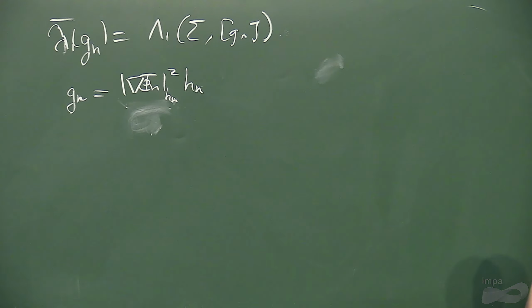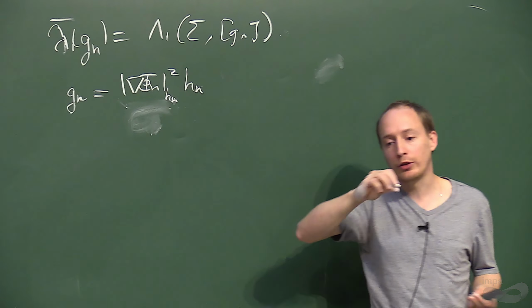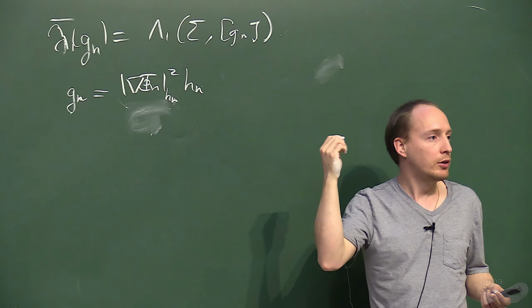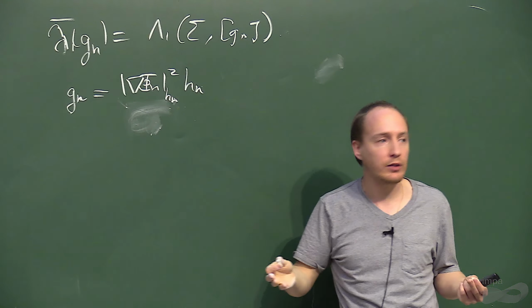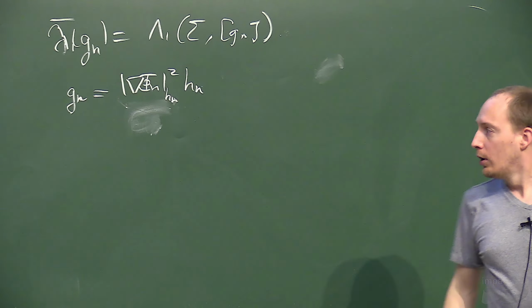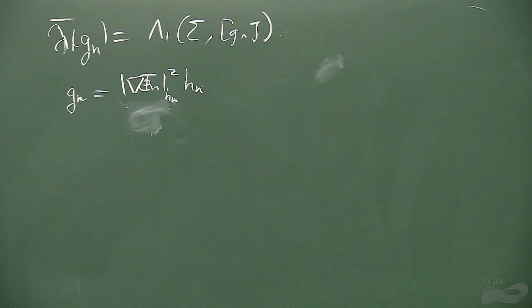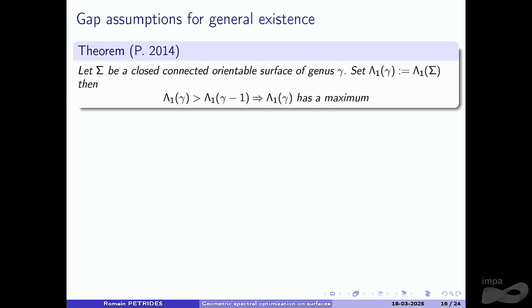And you can characterize non-compactness of Hn by the closed geodesics. So if you have a sequence of Hn such that one closed geodesic converges to 0, then it's not compact. But well, in this theorem, the strict inequality is there in order to ensure compactness in some sense.